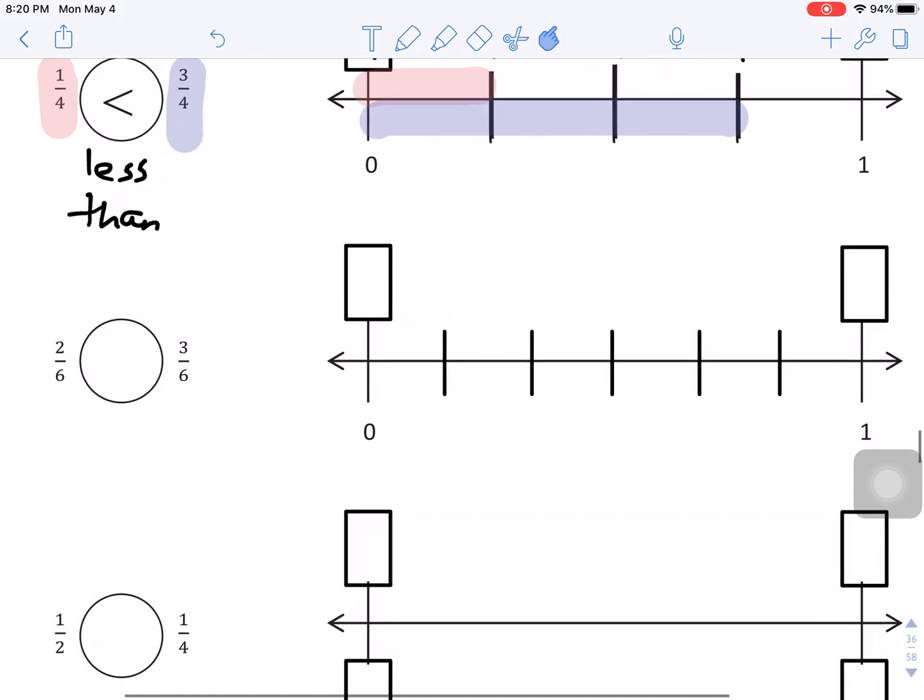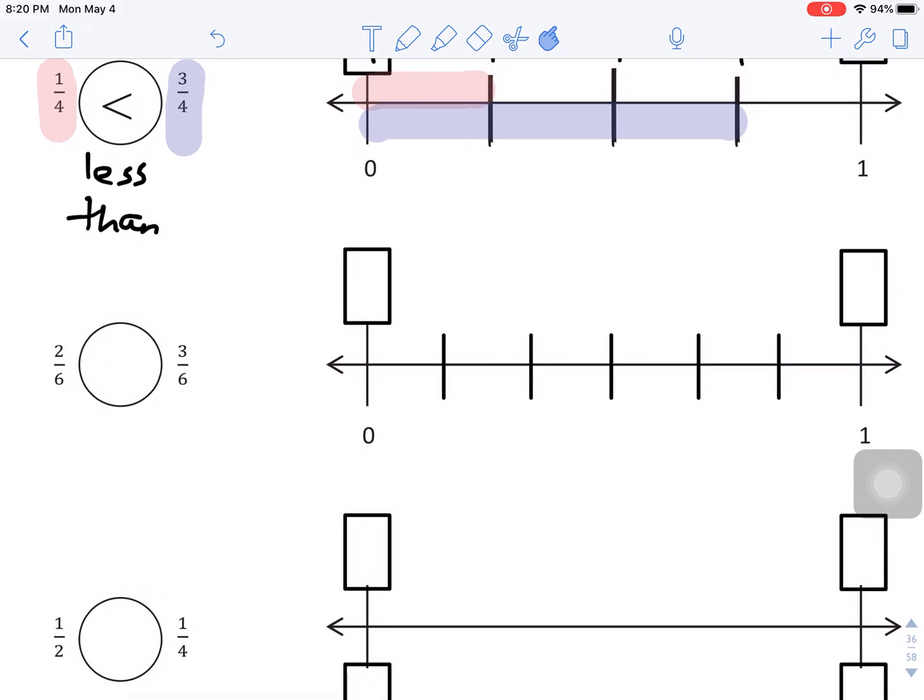Let's take a look at this one here. 2/6 and 3/6. Okay, so we know it's sixths, and I've already divided the line out. So 1, 2, 3, 4, 5 lines, and then the last one is 6. So I do have my 6 spaces. Because this is sixths, I say 0/6 for 0, and 1 whole would be, if you said 6/6, you're correct.